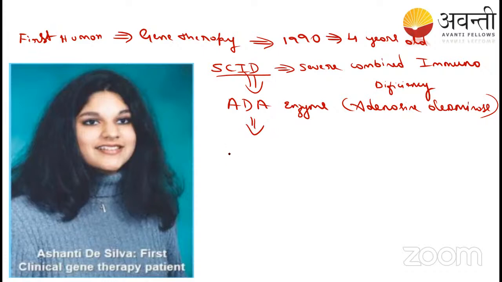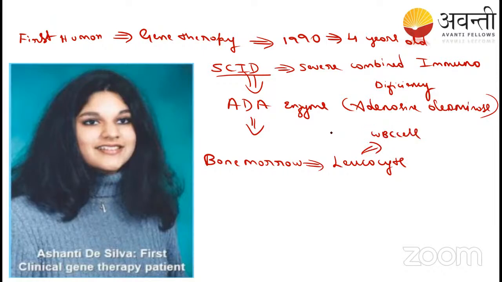They first collected cells from the bone marrow, the leukocytes. Student, what is a leukocyte? This is the WBC cell, right? They took the leukocyte, the WBC cell, from the bone marrow. This WBC cell has the deficiency, right?